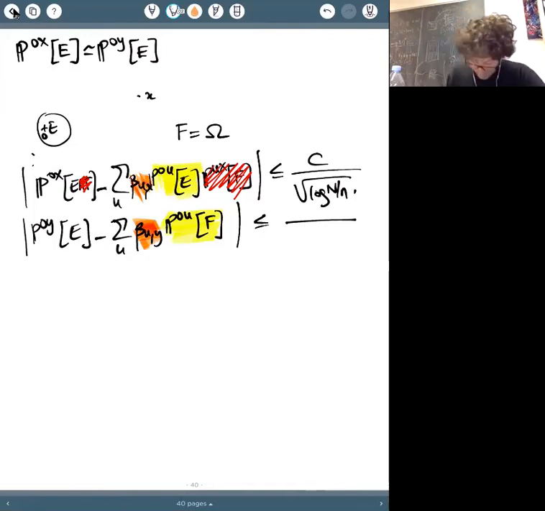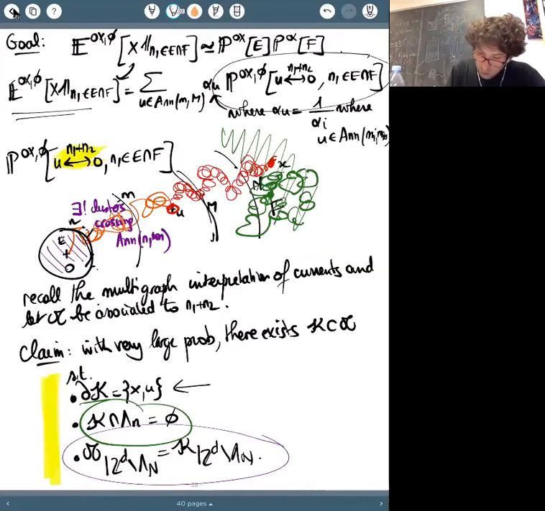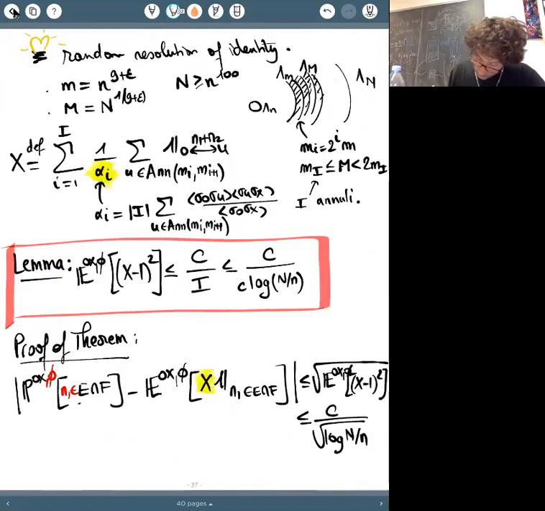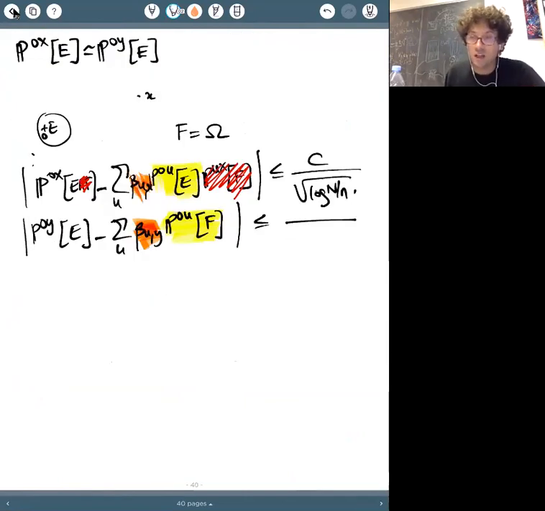But the beta is expressed in terms of spin-spin correlations. And if you look at this alpha u, here it was expressed in terms of spin-spin correlation because it's something like that. So if you have some kind of regularity of the spin-spin correlation, for instance, the gradient is much smaller than some kind of continuity of the spin-spin correlations, then you can prove that beta ux is very close to beta uy.